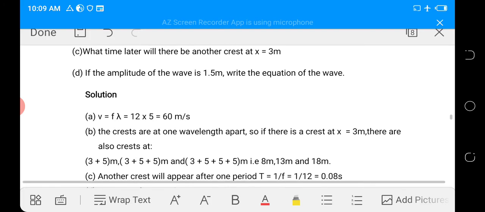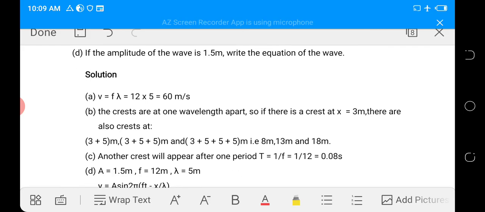Now, question B. They said if there is a crest at a point x equal to 3 meters, at what other 3 positions are we going to have a crest? Remember, the distance between two successive crests is equal to 1 wavelength. So if there is a crest at 3 meters, the next crest will be at a distance of 1 wavelength from the first one, and the wavelength is 5 meters.